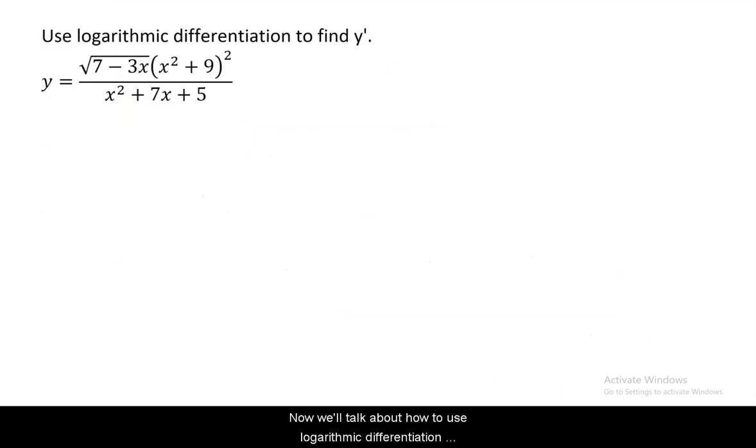Now we'll talk about how to use logarithmic differentiation to find the derivative of a function. Here we're given a function y, and finding the derivative of this function is kind of complicated using the method we talked about before, because there's a square root, there's things in the denominator, and there's squared. So we will first take the natural log on both sides to get rid of the square root, the squared, and the denominator.